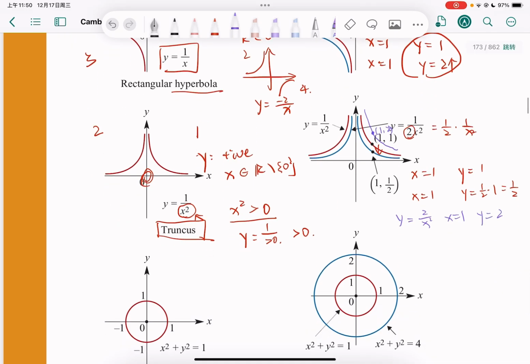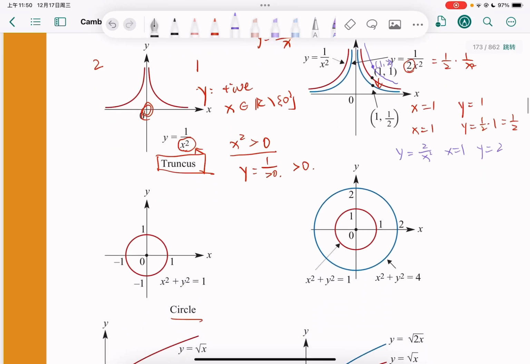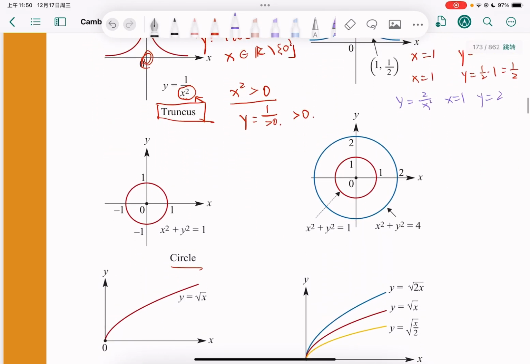And that's truncus. What about circle? If we have a circle with a center at 0, 0, then the intersections with the x and y axes will be 1 and -1. So the radius is 1, because r squared here is 1.